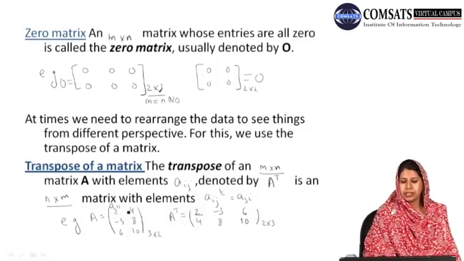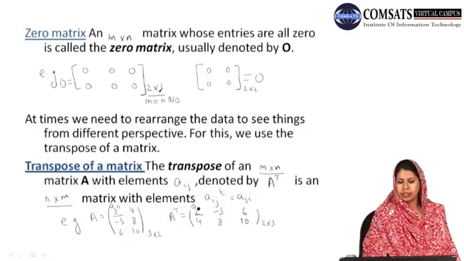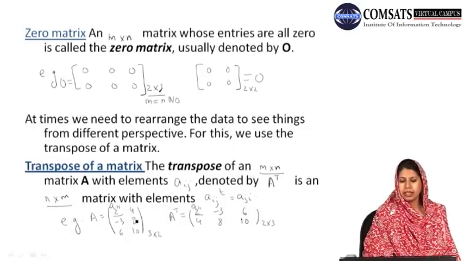A11 is also at the same position in the transpose. The second diagonal element is A22, which is also at the same position, second row, second column. What about the entry A12? That is the entry at first row and second column, 4.